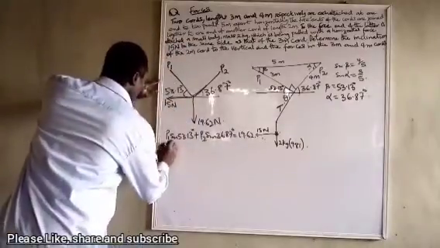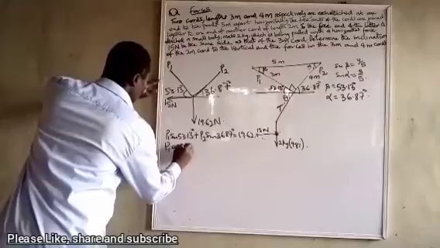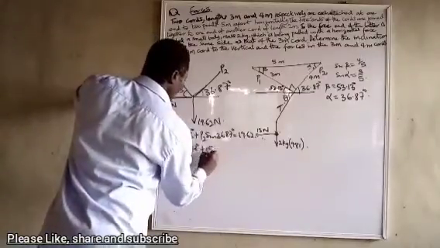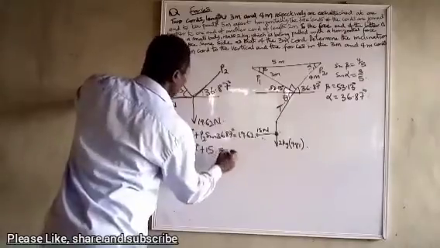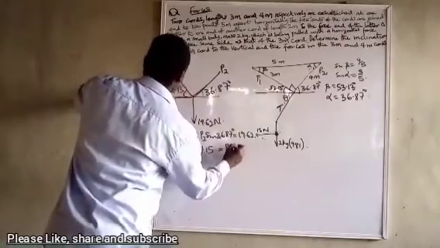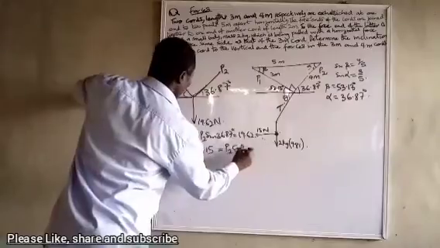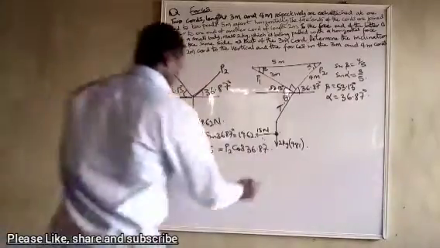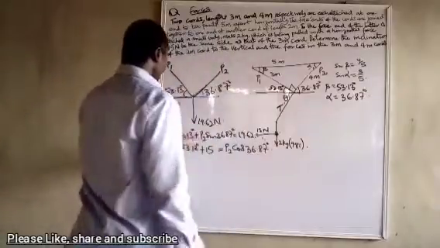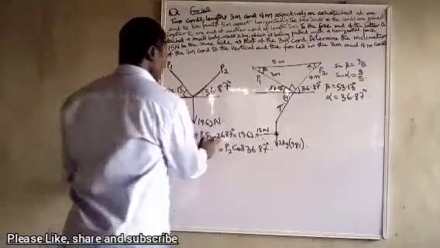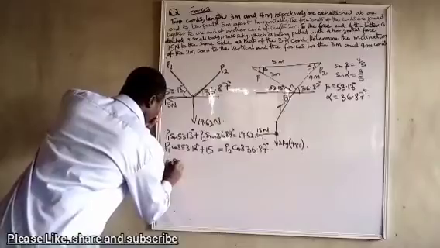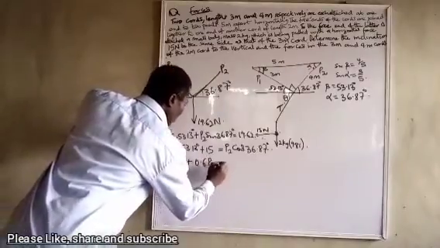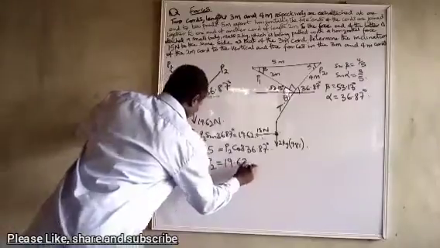Now I have P1 cos 53.13 plus 15 is equal to P2 cos 36.87 degrees. So I know what these are now. This one is 0.8, this one is 0.6. So I have 0.8 P1 plus 0.6 P2 is equal to 19.62.